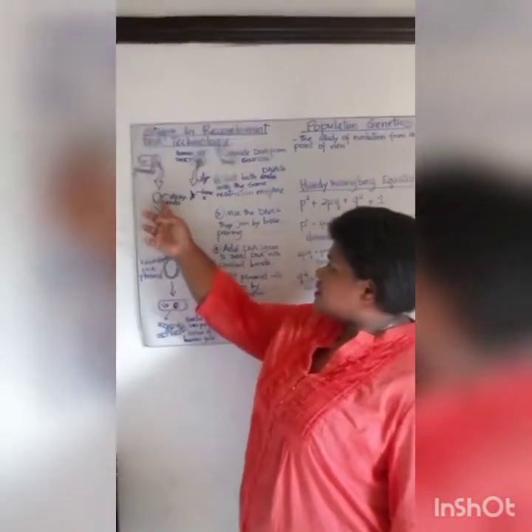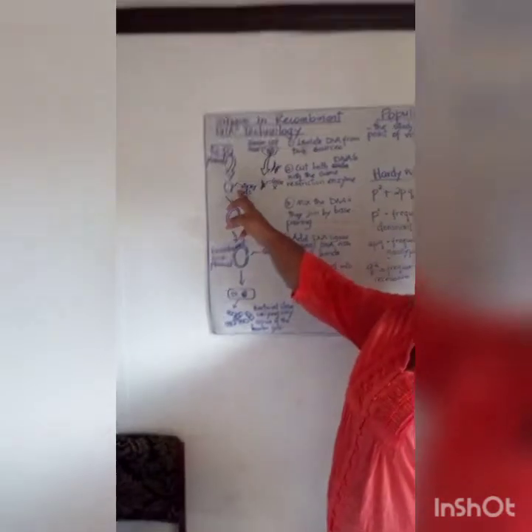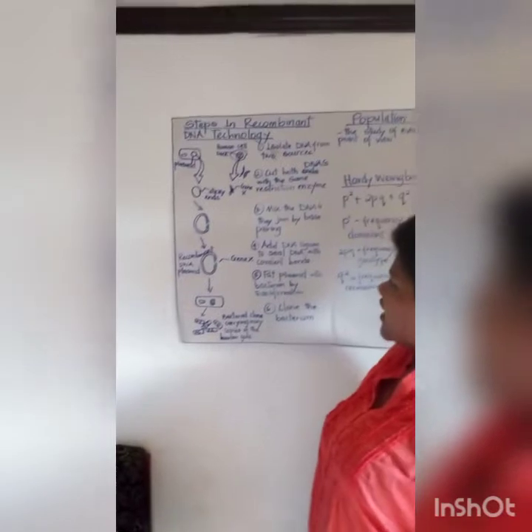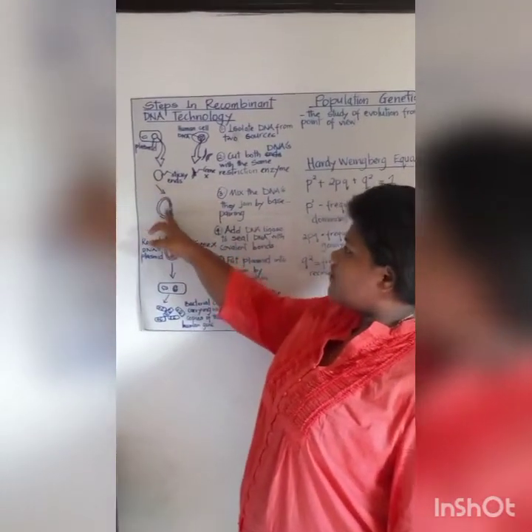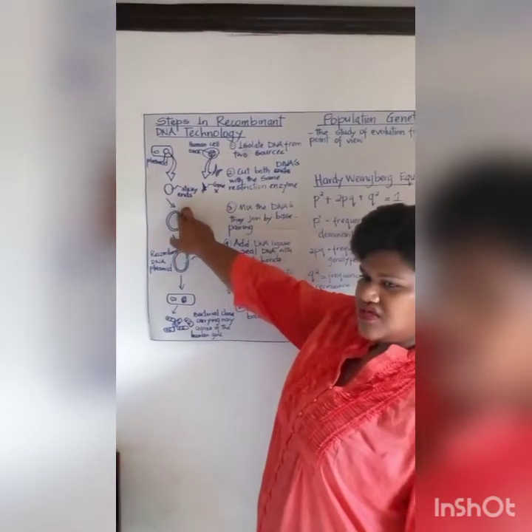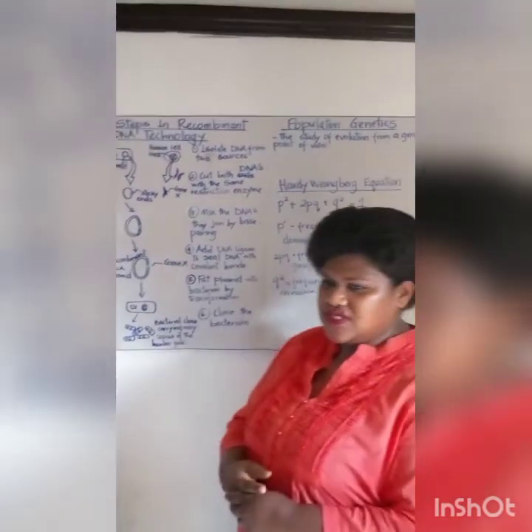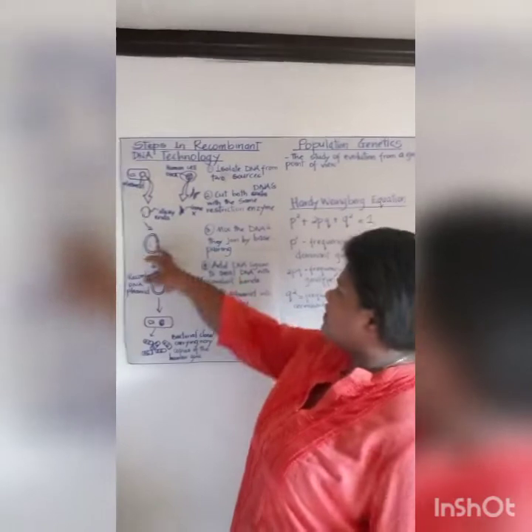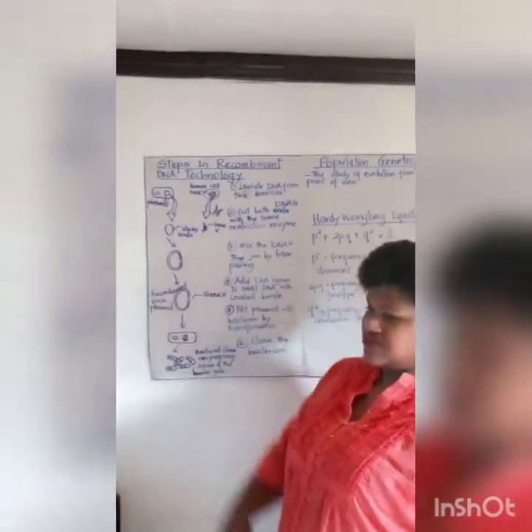They cut this end, which is known as the sticky ends. Those sticky ends join with the plasmid. This is the plasmid.